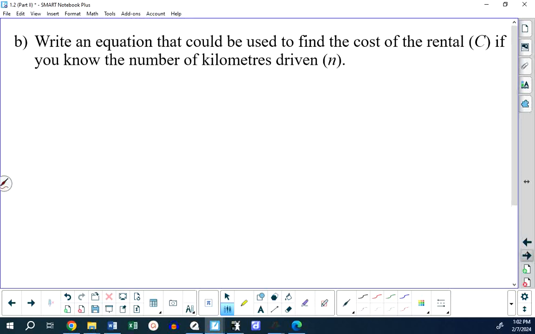What's an equation you could use? Well, we're going to use this. I'm going to ask everybody to identify in that equation that I just wrote which of those letters would be C and which of those letters would be N.